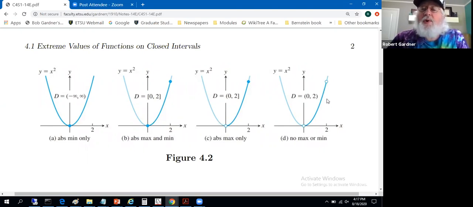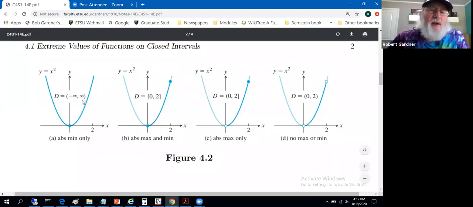So no absolute maximum. Looks like that can occur in two different ways if I compare part A and part D. This one doesn't have an absolute maximum. It kind of wanted to, but you wouldn't let it. You poked a hole in it. This one has no absolute maximum because it gets bigger and bigger without bound. The output values are unbounded over here. Well, they aren't unbounded over here, but there's not a biggest one.